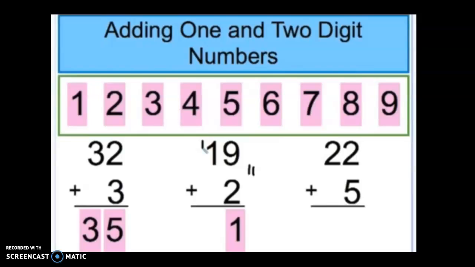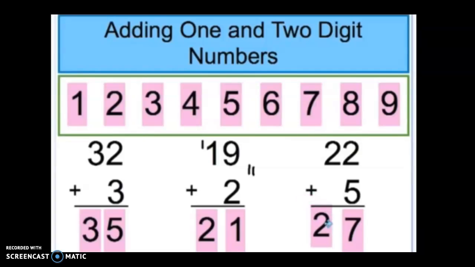Here in the tens column, and then I have to add my 2 groups of 10. So now I have 2 groups of 10 because 1 plus 1 is 2. I'll give you a little bit of time to do this one by yourself.